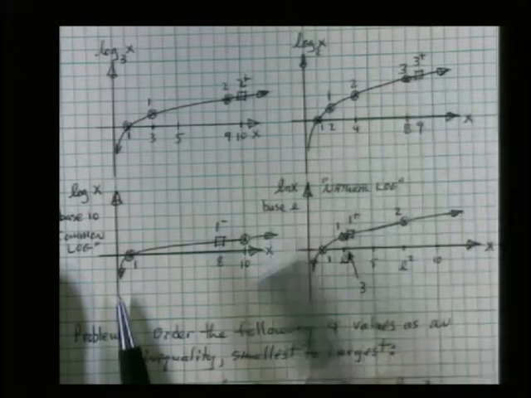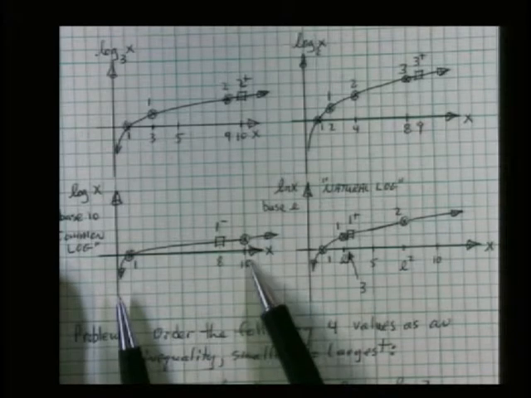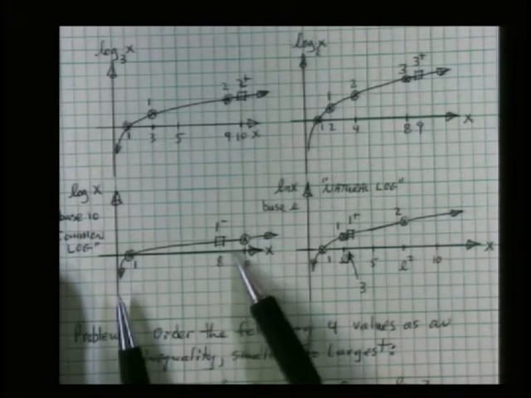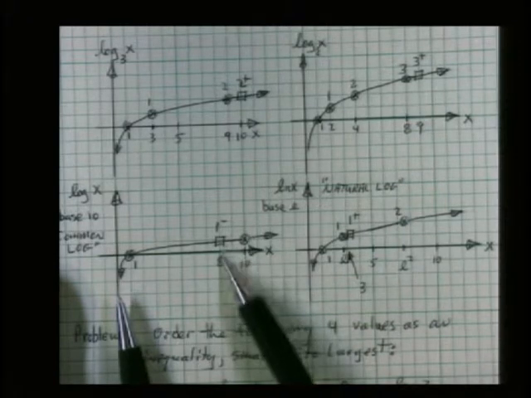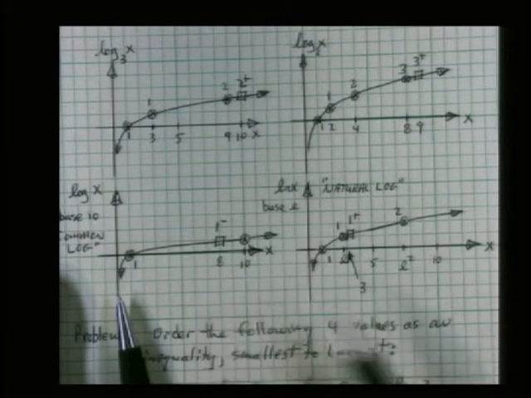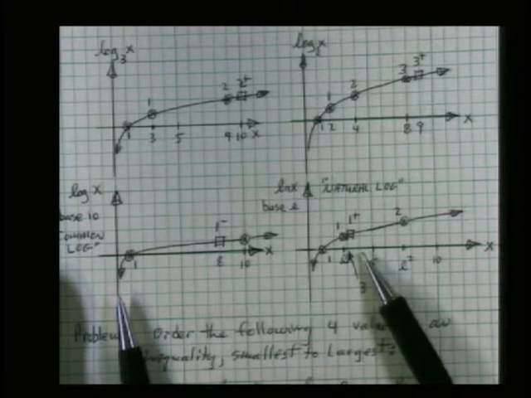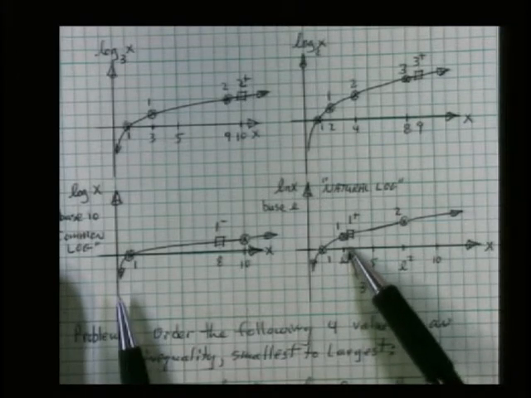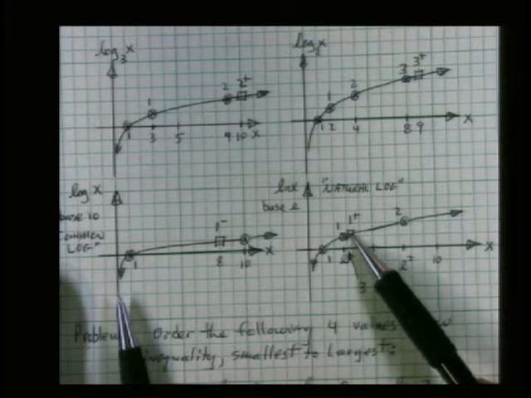And then the last two: the common log of 8 has to be a little less than 1. You can see its height right there. And finally, the natural log of 3 is a value just to the right of e, where 3 is, and the height is a little bigger than 1.